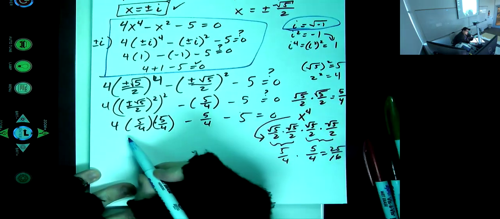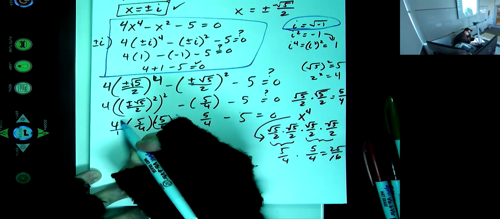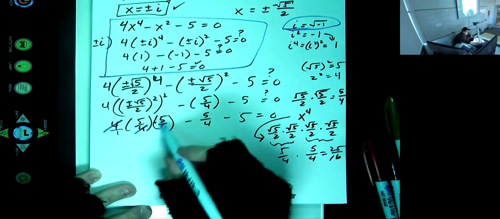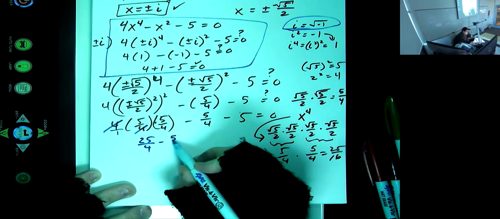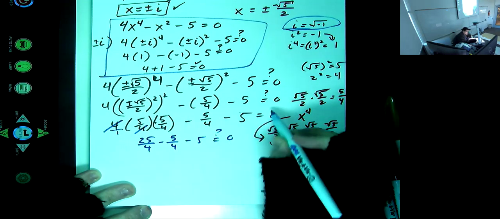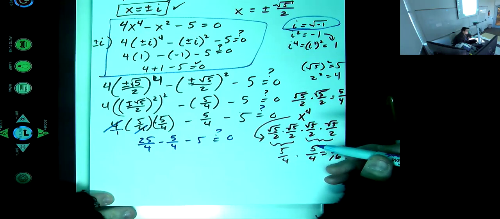Okay. So this is like 4/1. This 4 can cancel that 4, and I can make this a little bit easier. That's 25 now over 4, minus 5/4, minus 5. Does that equal 0? We got fractions, we can do one of two things: we can say forget fractions, or we can put them together.